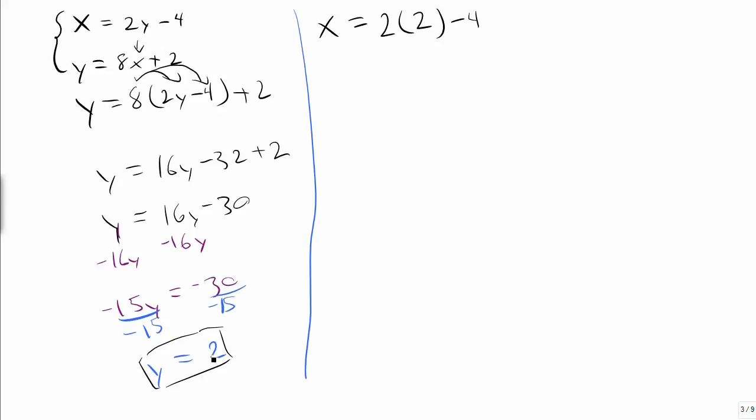You can see I take this 2, the one in this lighter blue color, and put it in for y. So it's 2 times 2 minus 4. Well, what is x? 2 times 2 is 4, so x has to be 0. x is 0. So again, my answer is best written as an ordered pair, where x is 0 and y is 2. That's the point on a graph if you were to graph the two lines.